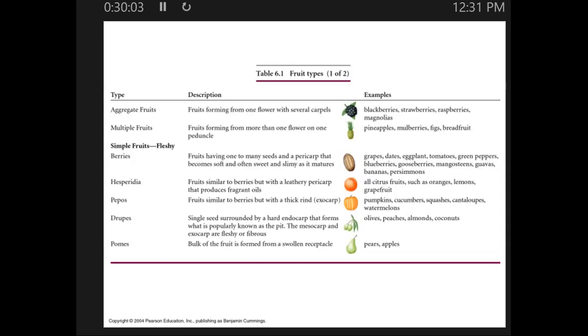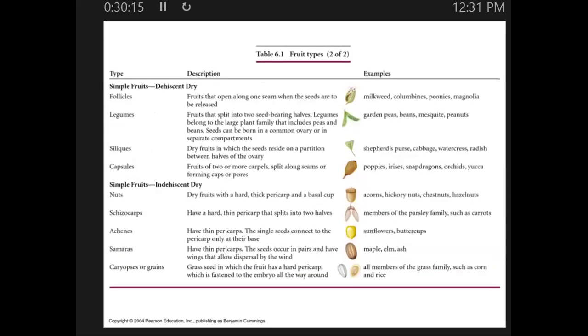This is kind of a nice comparison all in one table. Looking here, they start off with some examples of simple fleshy fruits, and then you get into dry fruits, giving some examples.